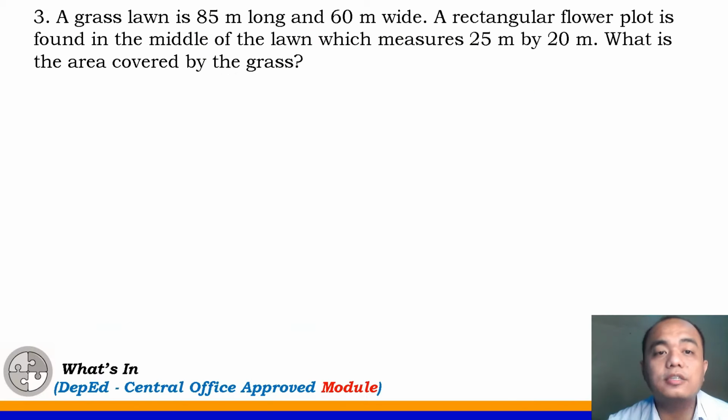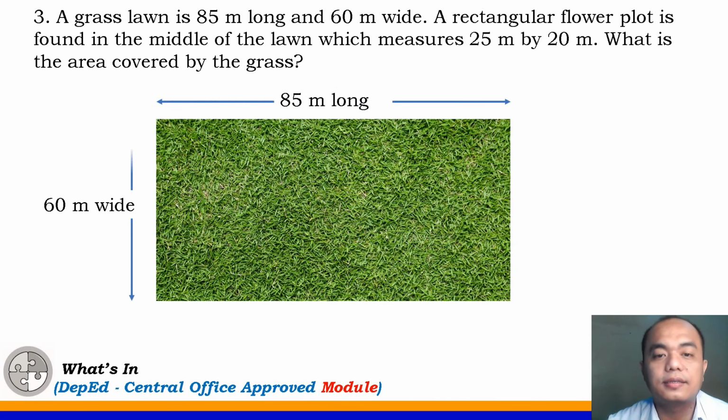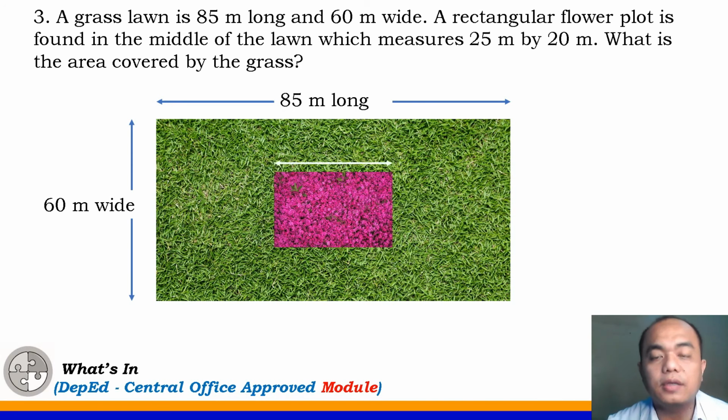Number 3, a grass lawn is 85 meters long and 60 meters wide. Yan, class. Yan. A rectangular flower pot is found in the middle of the lawn which measures 25 meters by 20 meters. Oh, may rectangular flower pot daw sa gitna at ito yon. At it measures 25 meters length and 20 meters wide.